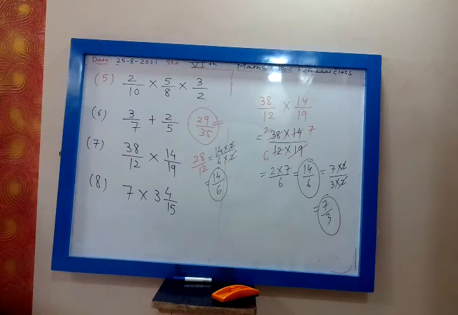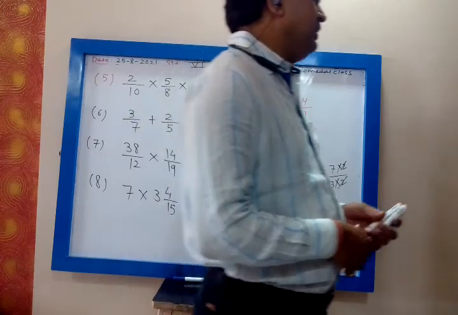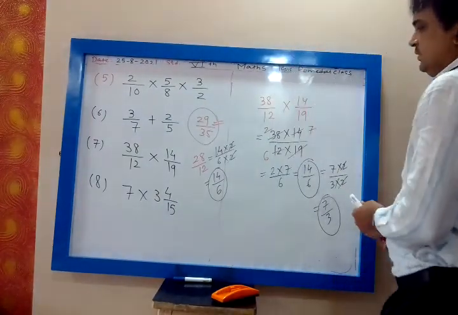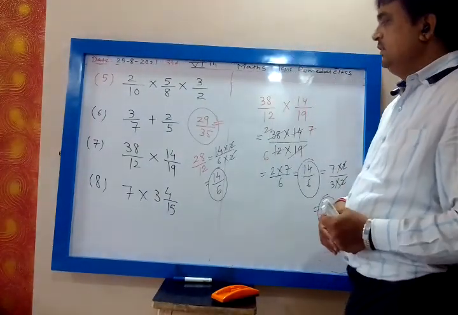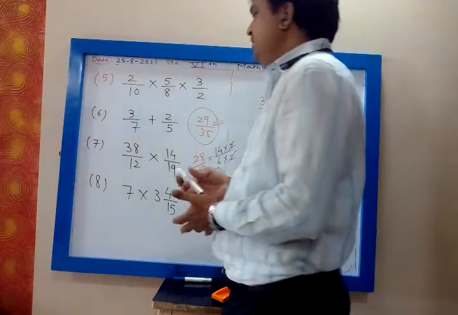Okay. Chalo, solve this. Do not send the picture in the group. Not required. So do this, 8th one. Yes, Parth Joshi, what is the answer of 8th one? Krishna, what is the answer of 8th one?